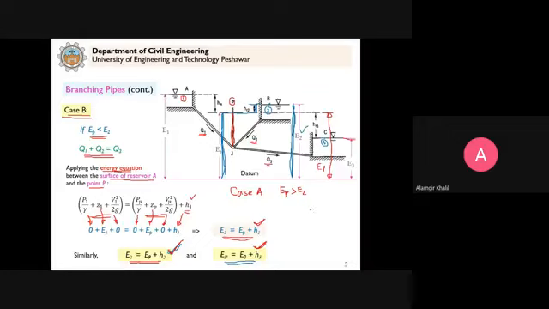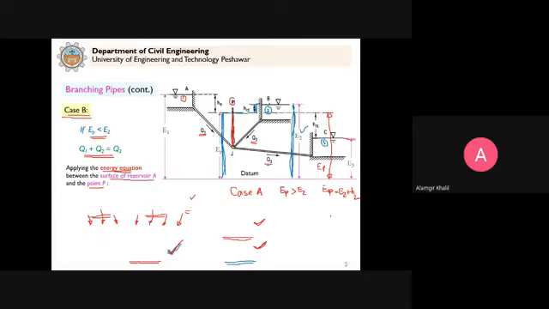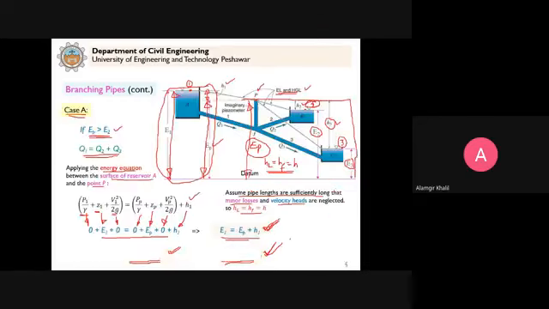So in that case we will write down that EP is equal to E2 plus H2. EP is equal to H2 plus E2 when EP is greater than E2.